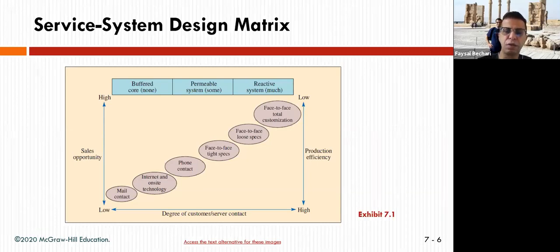These are how you categorize them. When you categorize them this way, you know where your sales are happening, and you need to deliver sales. At the same time, you need to deliver good service, and you need to balance these two together in order to get efficient services.